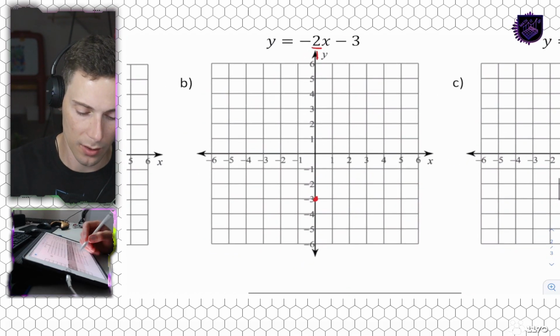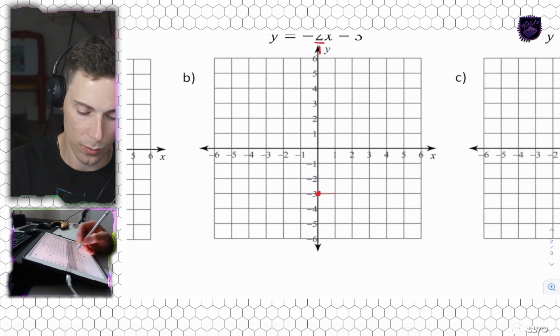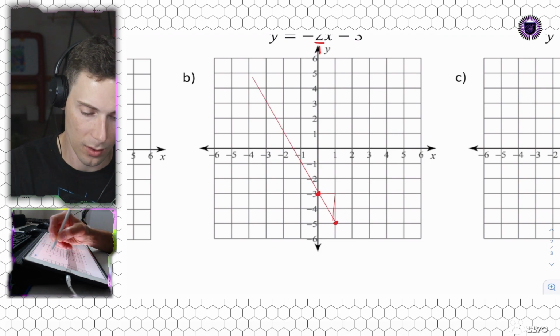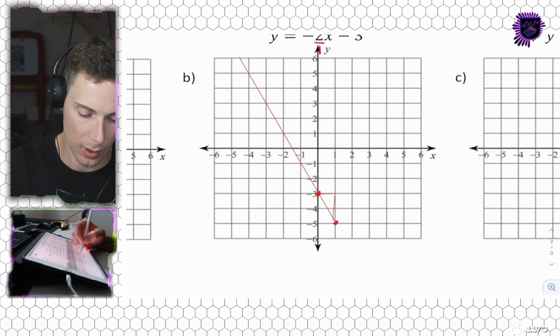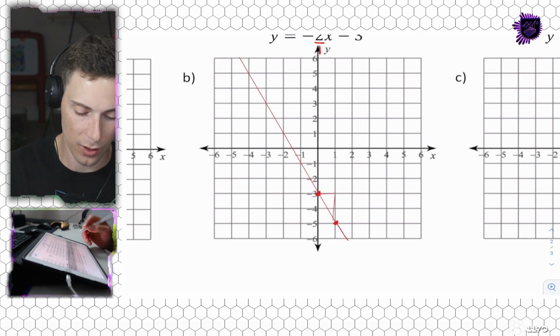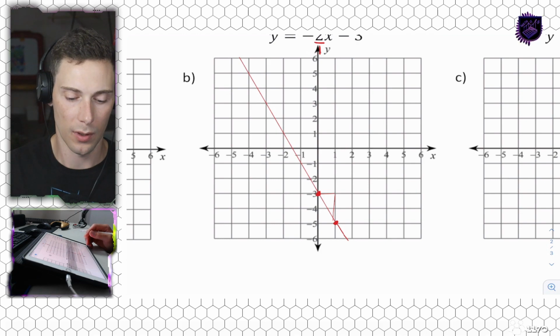We're starting here, 1 over, 2 down. There's our slope. And right away, we can draw that line all the way across our graph and finish it out the other side. That's our line.